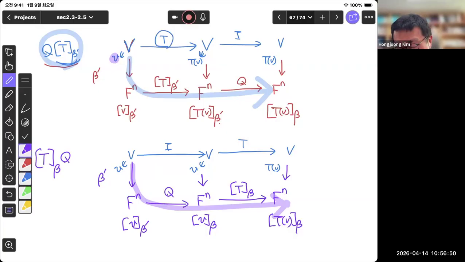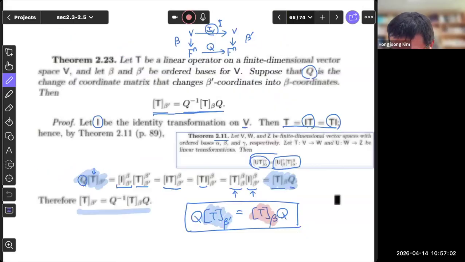On the right, identity mapping is considered first, and then the T mapping is applied. So that's what this theorem 2.23 implies.